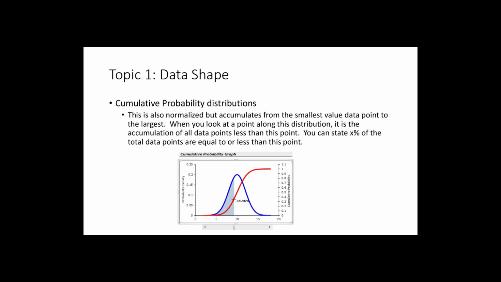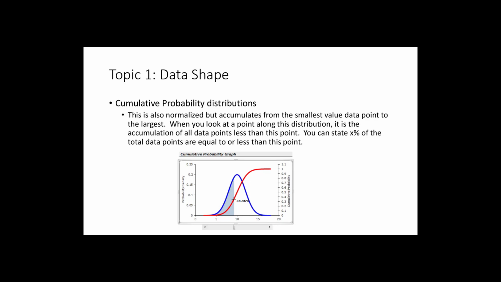All that it does when you change it from the normal distribution to the cumulative one is it just adds it up as it goes. It starts the same as what it would for your normal distribution, and as it works across, it just adds up. So as you work your way across, this is going to keep getting taller until at this point, 100% of the data points fall here or less. So it's always at 1. That's how the cumulative one works. It's just another view of the same thing.